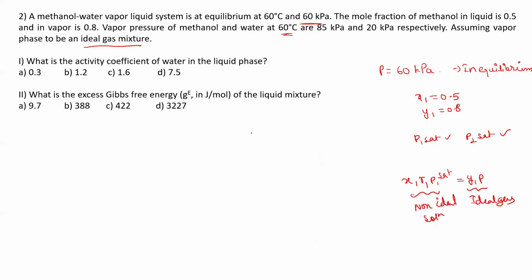So the question is, what is the activity coefficient of water in the liquid phase? So this is for the water. Gamma 2 is equal to y2 P by x2 P2 sat. Therefore, gamma 2 equals, y2 is 0.2 and x2 is 0.5.